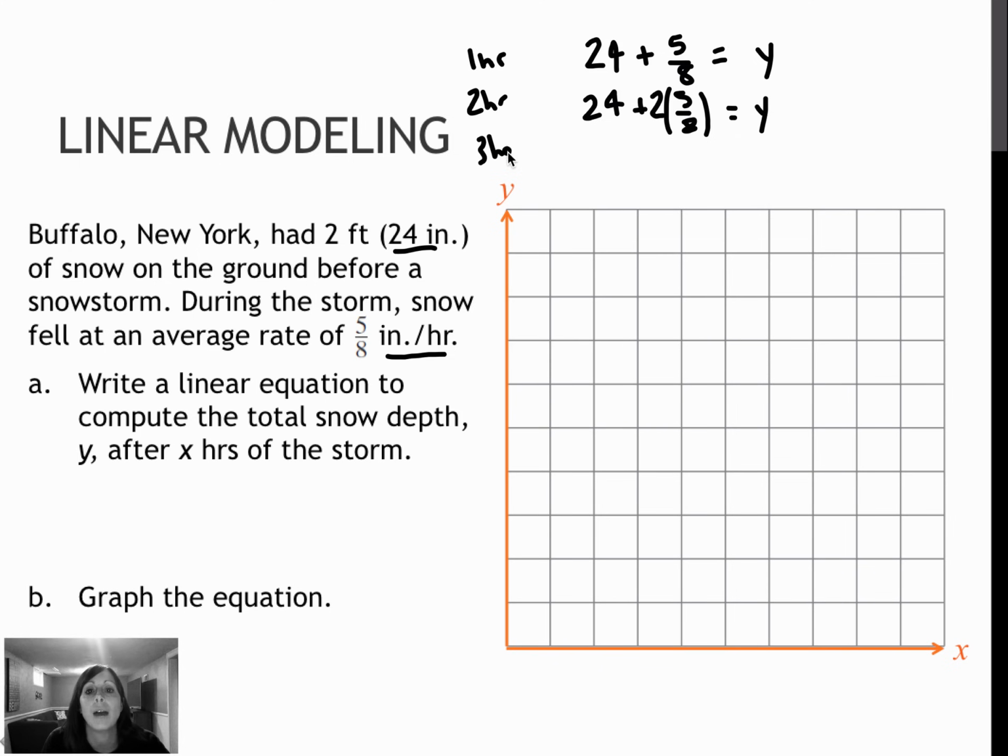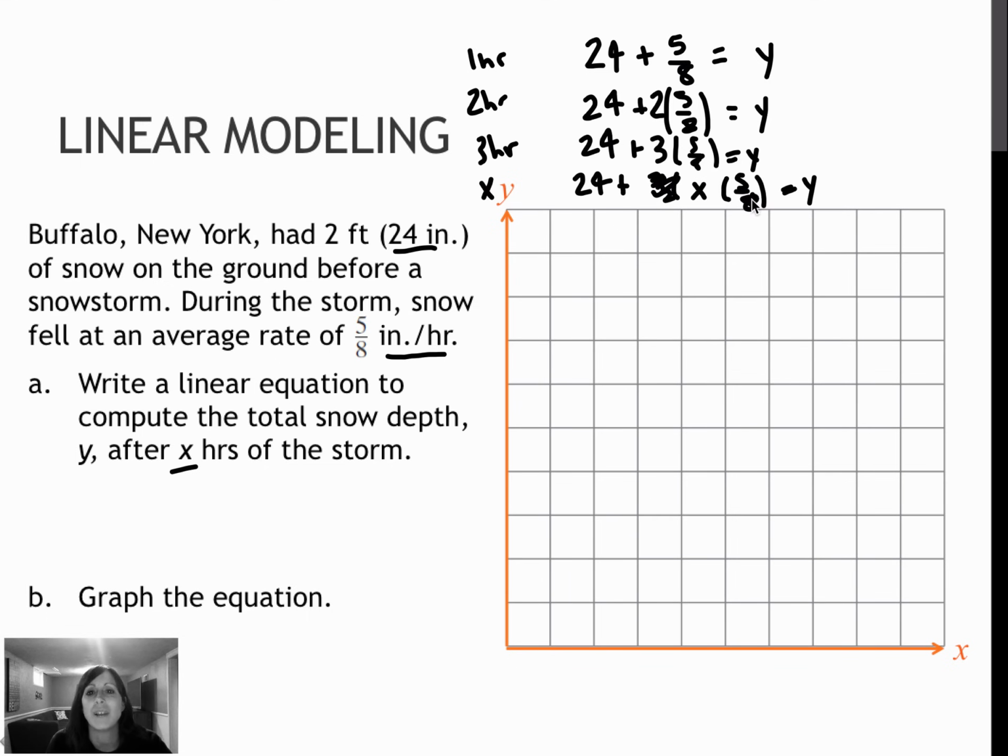And then for 3 hours, it would be 24 plus 3 times 5/8. And so if I'm using x hours, then it would be 24 plus x times 5/8 equals y.